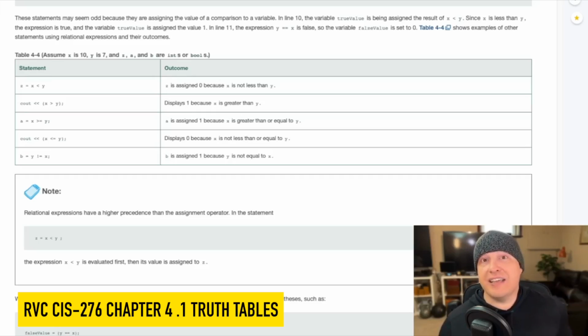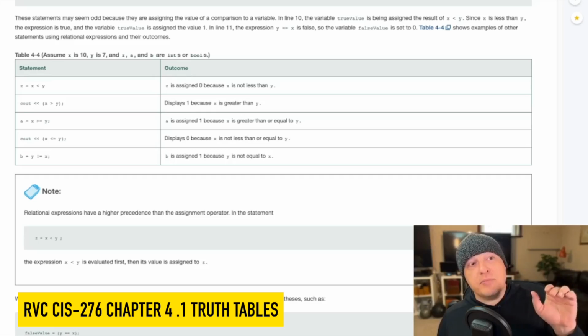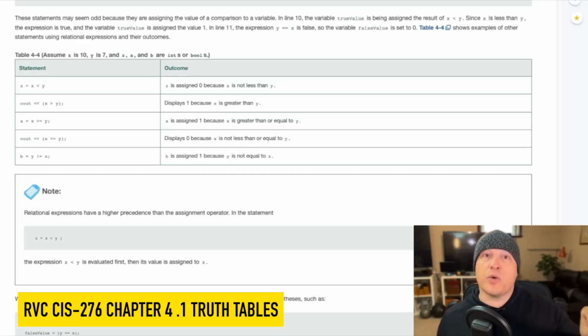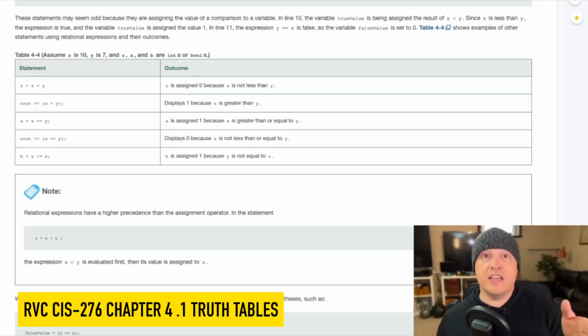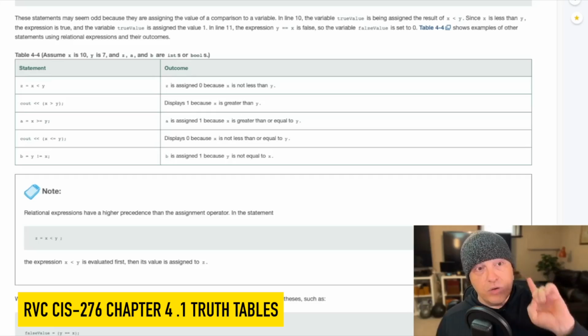Next, we have the result of an operation. So if I am testing is x greater than y? Yes, x is greater than y, so the result would be 1, 1 for true. So the result of the cout statement is 1 because x greater than y evaluates as true. True has a value of 1.